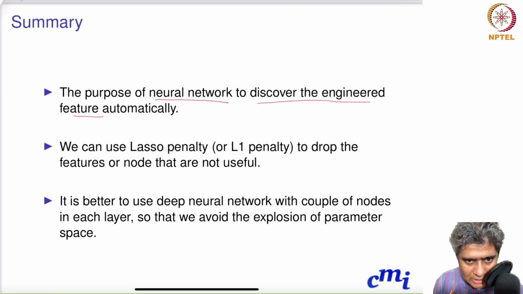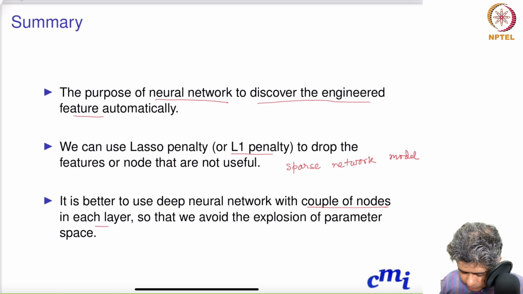So if my parameter space explodes, then what we can do is put a very tough L1 penalty, or lasso penalty, to drop the features, push them towards 0 and make it a sparse network model. Okay, and then it is better to use a deep network with a couple of nodes in each layer, so that we avoid the explosion of the parameter space.